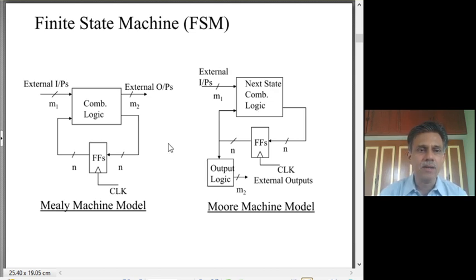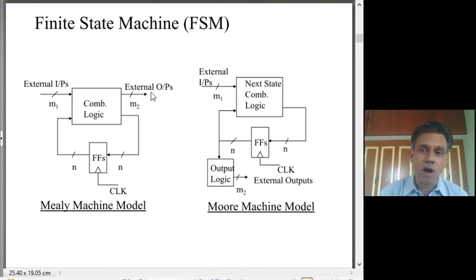We will clarify it. This is the circuit which was also shown earlier, which is more generic, in the sense that the external outputs as well as the next state can each be viewed as a Boolean function of the inputs, which comprise the external input and the present state variables.